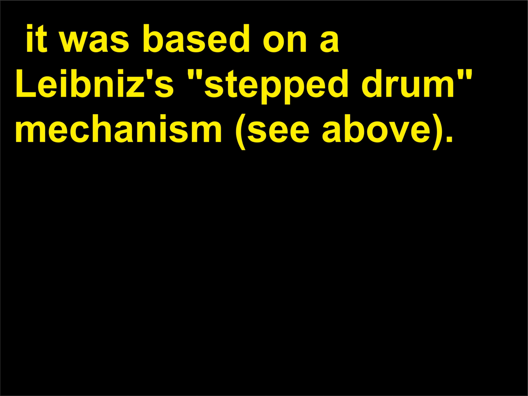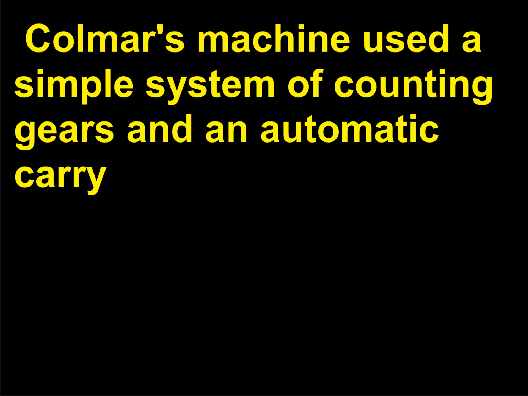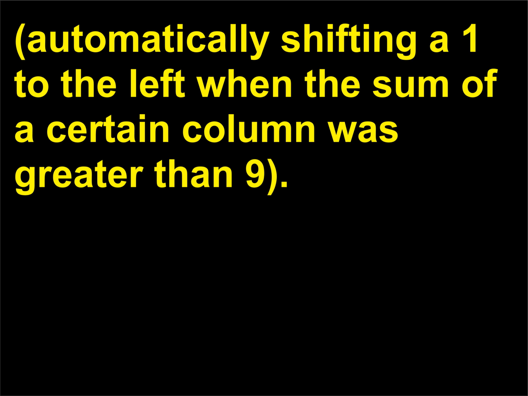It was based on a Leibniz step drum mechanism, see above. Colmar's machine used a simple system of counting gears and an automatic carry, automatically shifting a 1 to the left when the sum of a certain column was greater than 9.